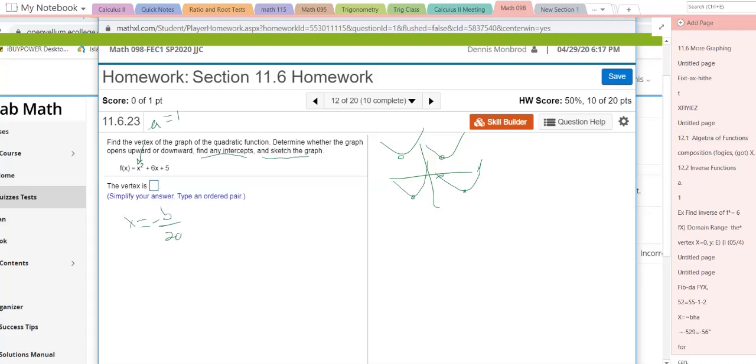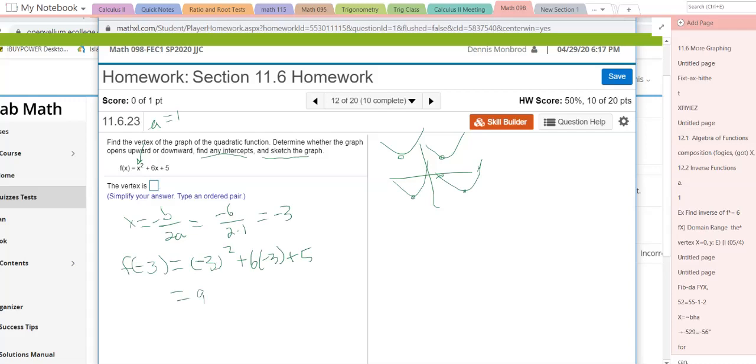Minus b over 2a is -6 over 2 times 1, which is -3. Okay, so that doesn't tell you anything yet, but we'll find f of -3. Let's see what that is. We'll have -3 squared plus 6 times negative 3 plus 5.